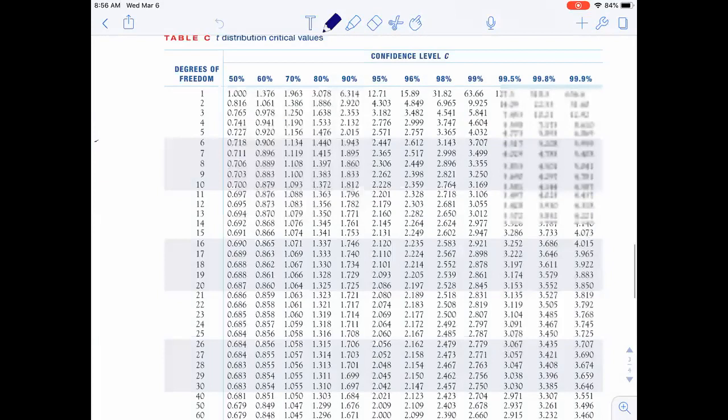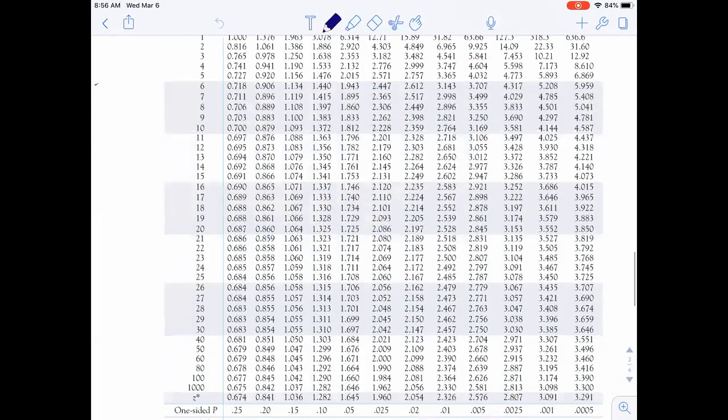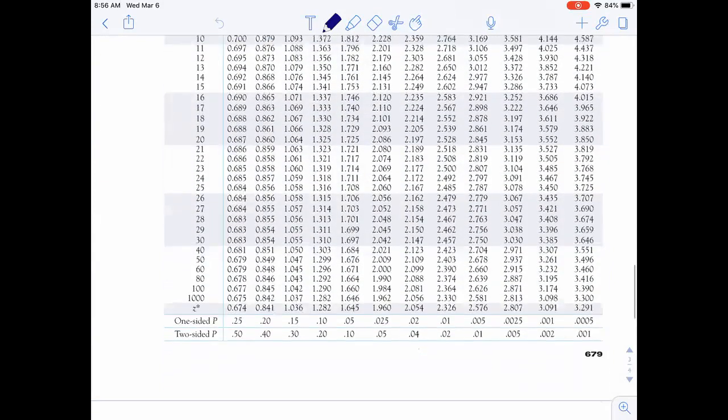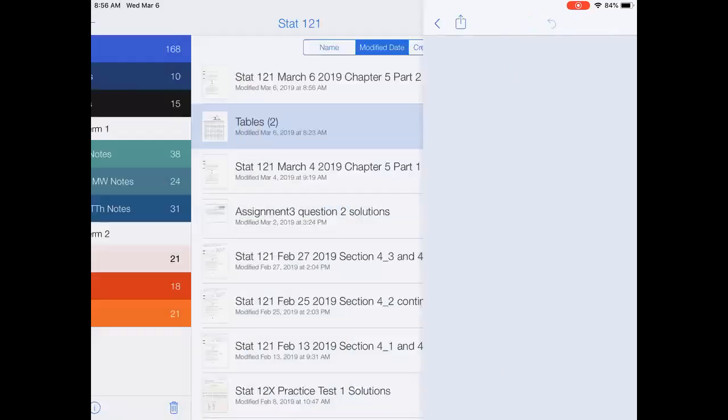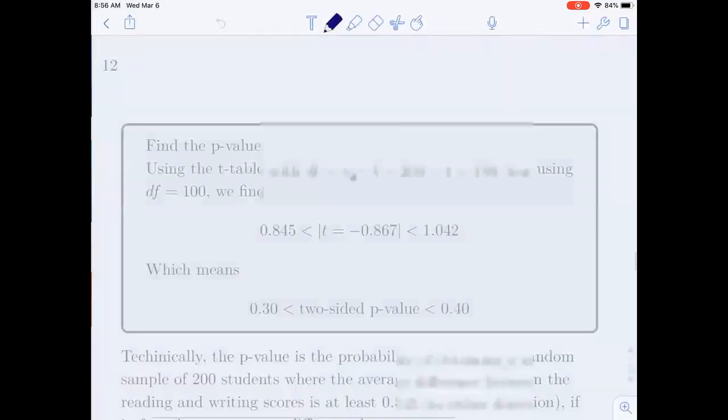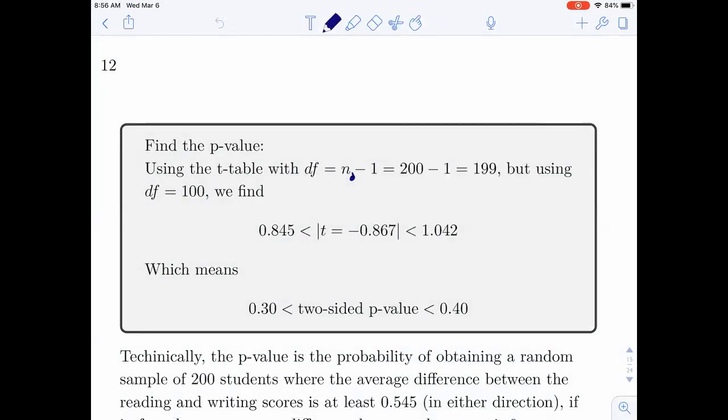So we're going to go to 100. And our calculated t was negative 0.867.